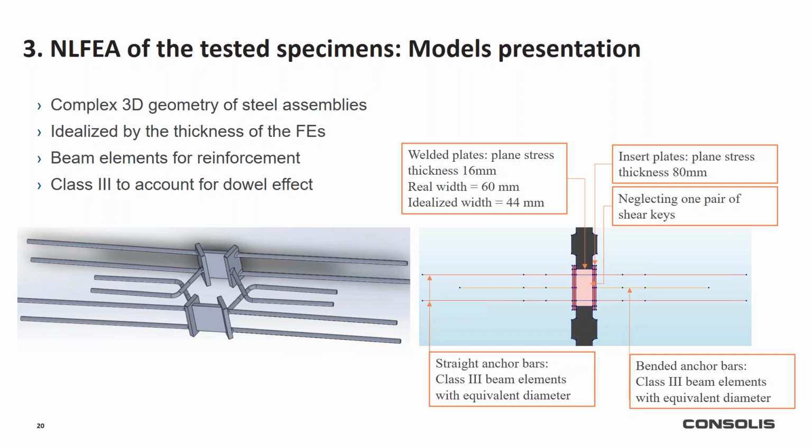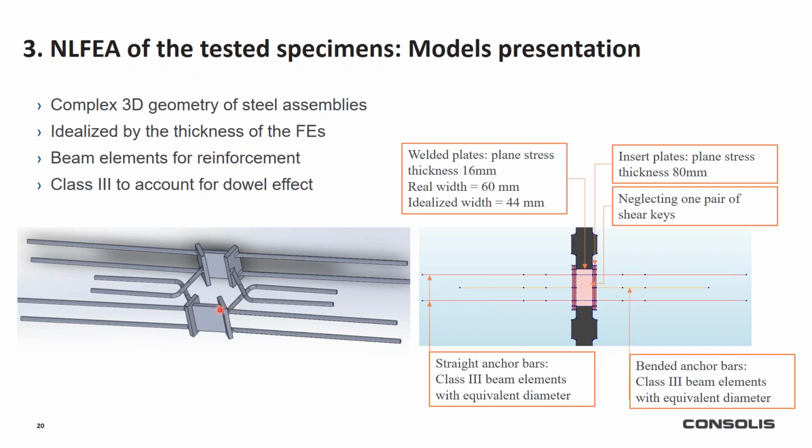Here are the assumptions in modeling the steel inserts. These inserts have a very complex 3D geometry. The steel plates were taken into account by including their thickness in the finite elements. So we have 2 steel assemblies on each part of the wall, and one plate has 8 millimeters, so we had a 60 millimeter plane stress element there.